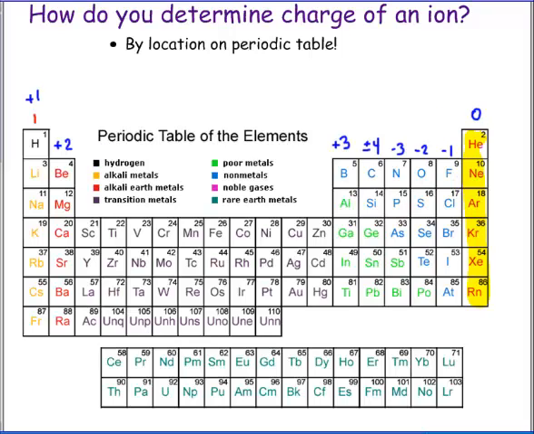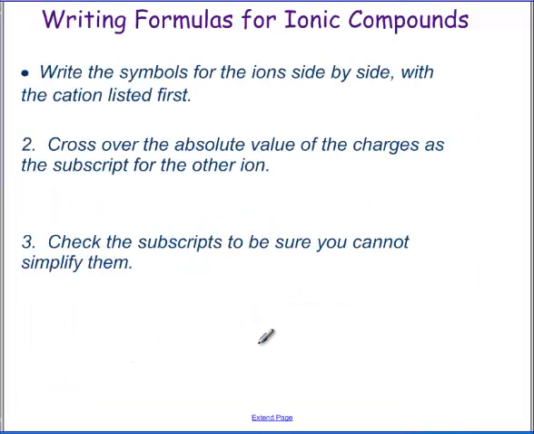Once we have this pattern down, we can write formulas for substances that have ionic bonds. So I've got the simple rules here. I'm just going to walk through a couple samples for you. When I ask you to write, let's say, a formula for sodium chloride, table salt, I go to my periodic table and I write the symbol and the charge for both of these ions.